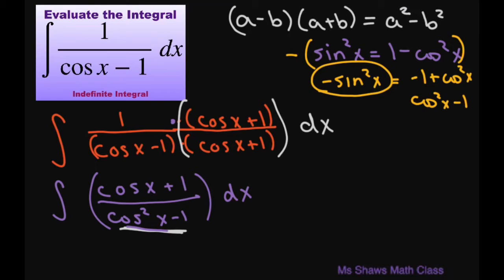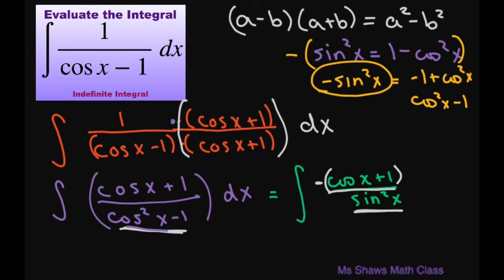So this is going to be the integral of cosine of x plus 1 divided by negative sine squared of x. Now let's go ahead and put this negative in on the top, in the numerator like that. Just looks better.